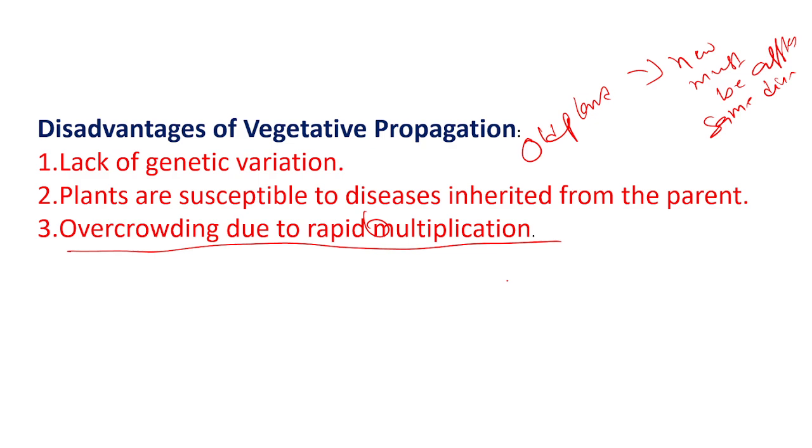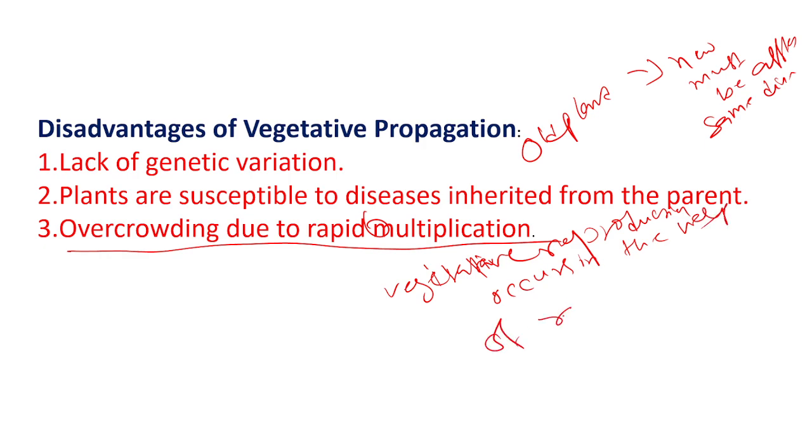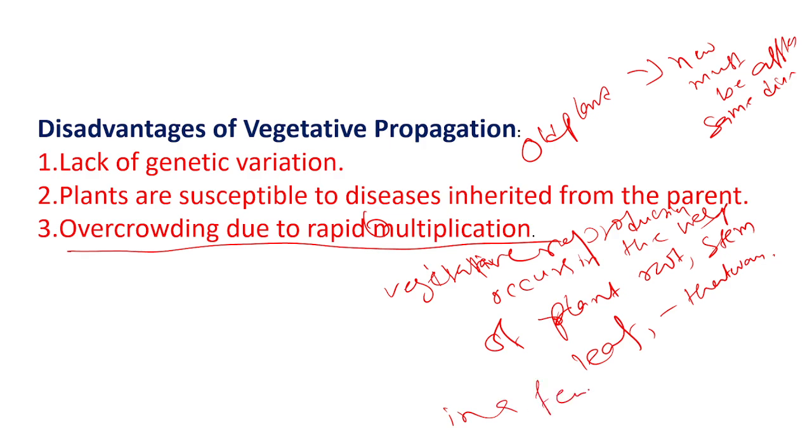Vegetative reproduction occurs with the help of the plant's root, stem, and leaf. As a result, in a short time we gain a large amount of plants.